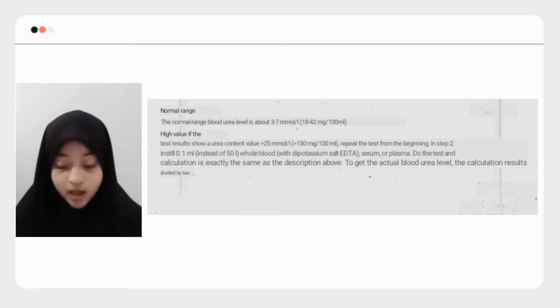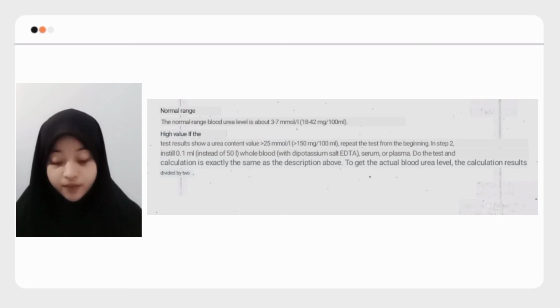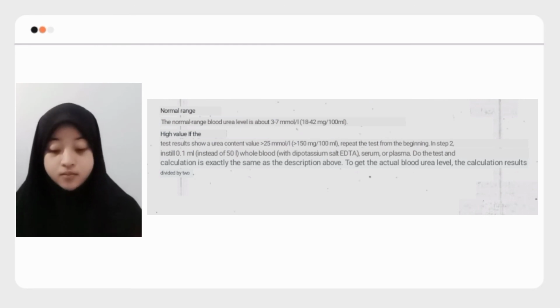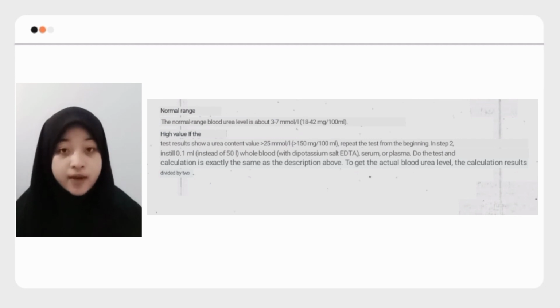Normal range: the normal range of blood urea level is about 3 to 7 mmol/L, 18 to 42 mg/100 ml. High value: if the result shows a urea level of more than 25 mmol/L, more than 150 mg/100 ml, repeat the test from the beginning.